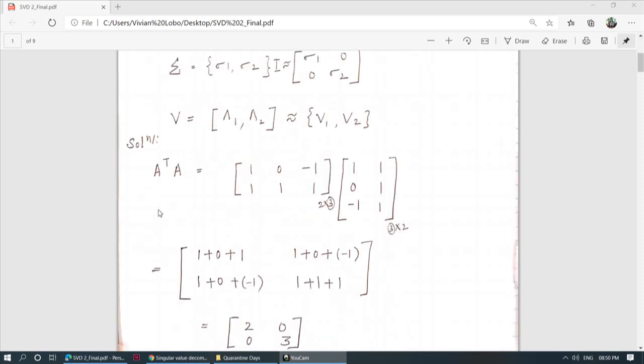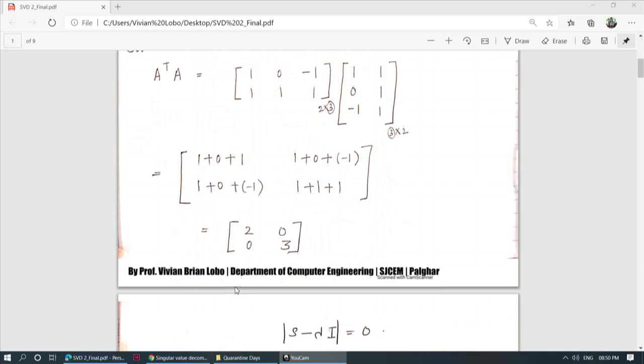The first step for determining the singular value decomposition is A transpose A. The matrix is given to us, we take its transpose and multiply it with A, and on performing matrix multiplication you get 2 0 0 3.